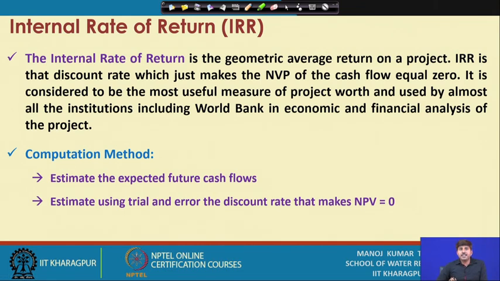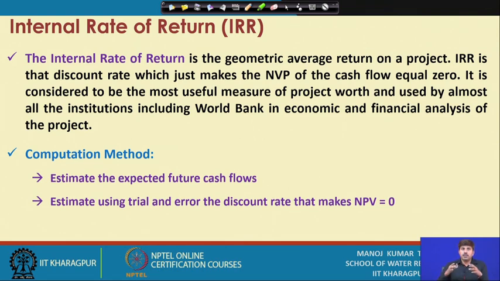So, the internal rate of return is the geometric average return on a project. The IRR, as it is typically known, is one of the very common terms in the banking sector and in the project financing sector. IRR is the discount rate which just makes the net present value of the cash flow equal to 0.